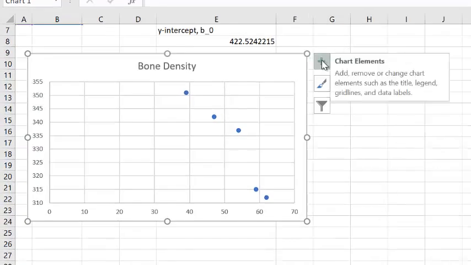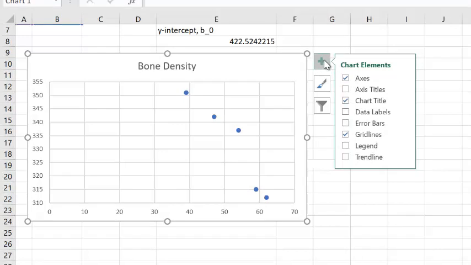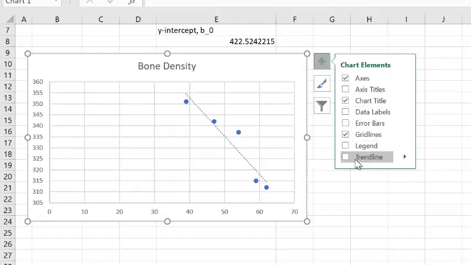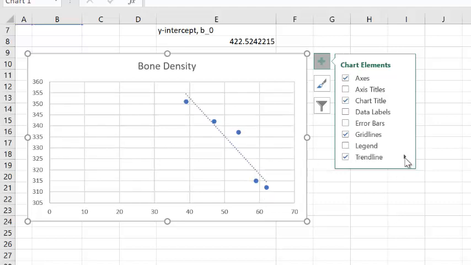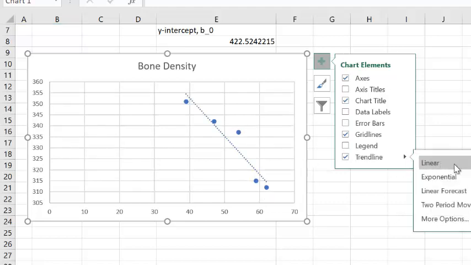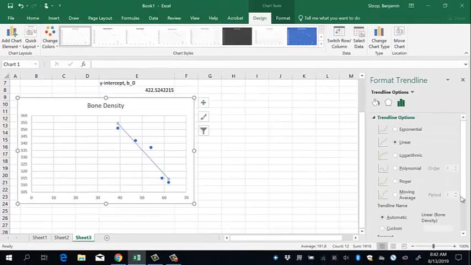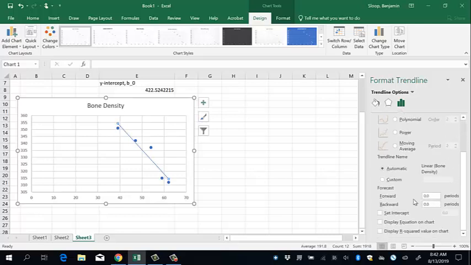I'm going to go here to the plus, and I want to add a trend line. We want this trend line to be linear. Now when I go down to more options, we want to display the equation and display r squared.